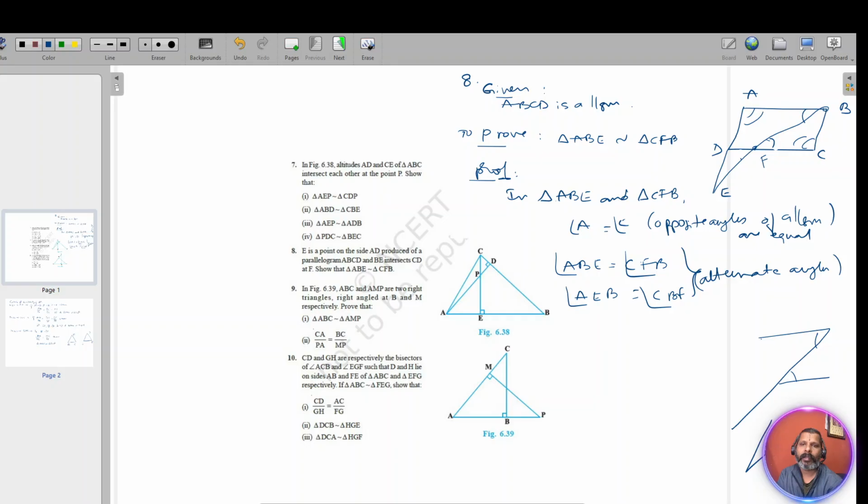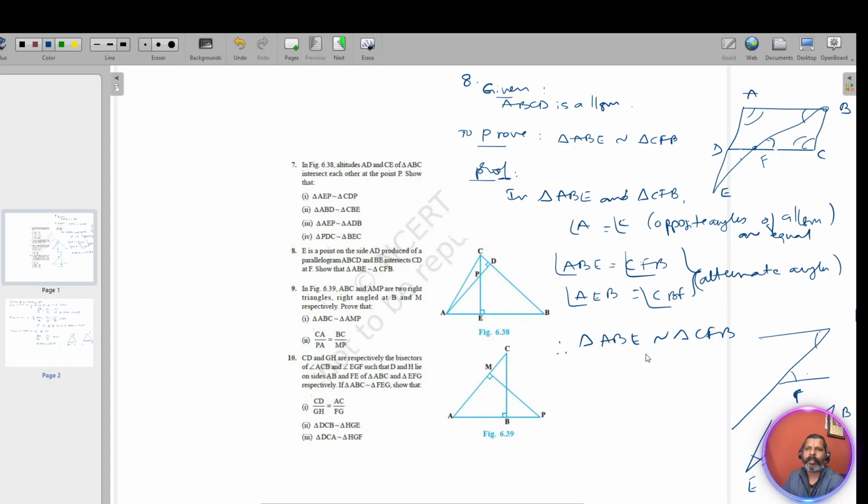Similarly, this is alternate. This is E here. This is B here. This is F here. This is B. Okay. These two and these two. Therefore, triangle ABE similar to triangle CFB. If you write two angles, you say AA.